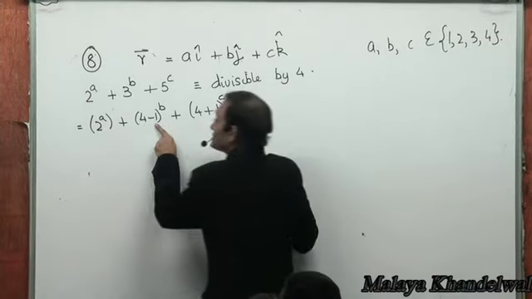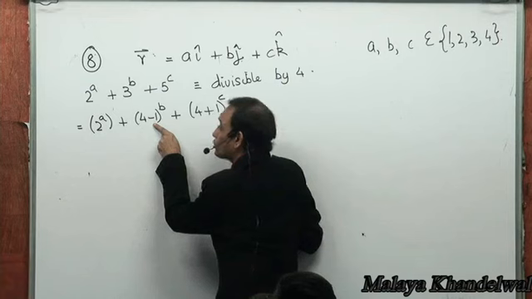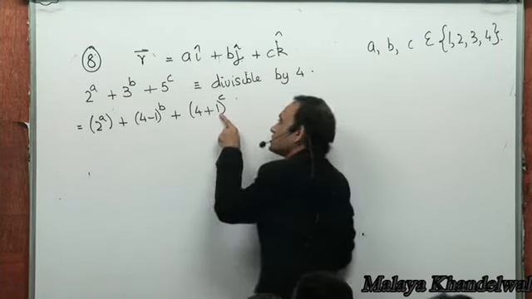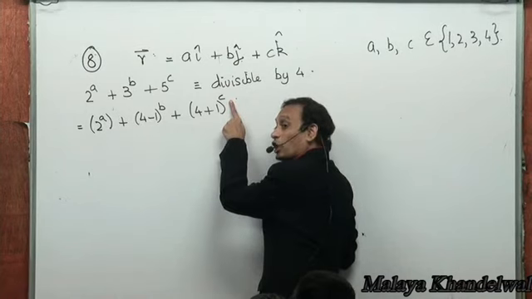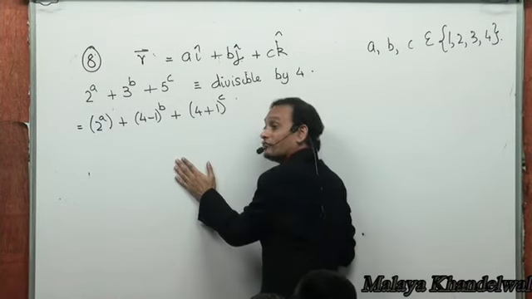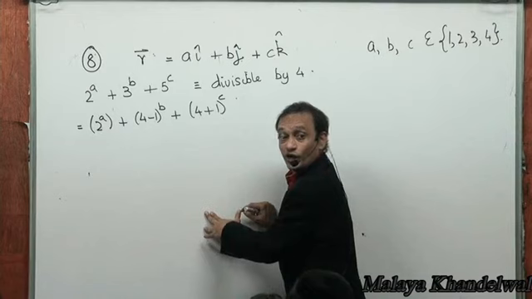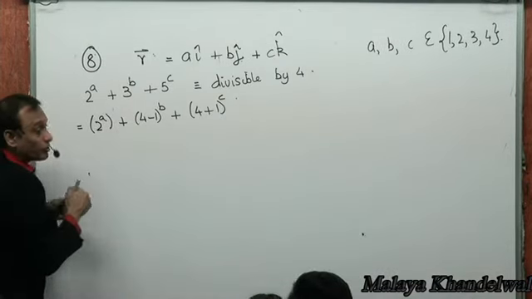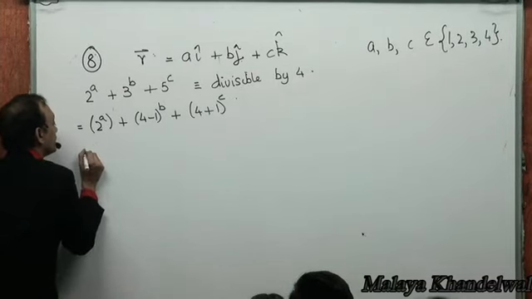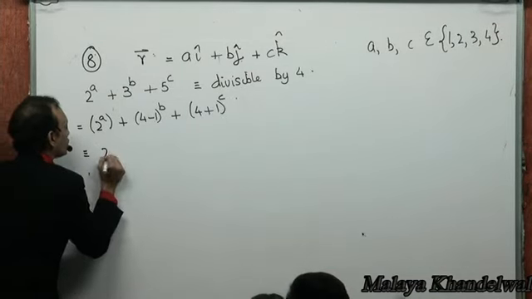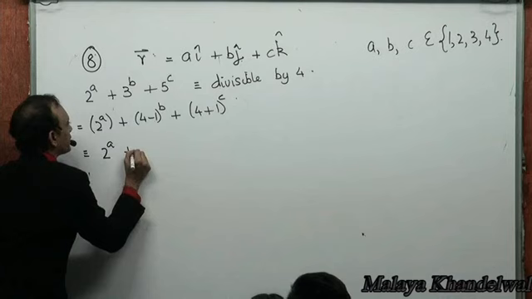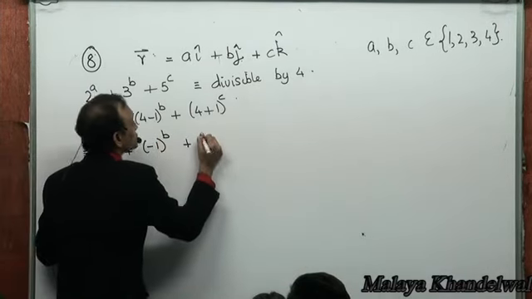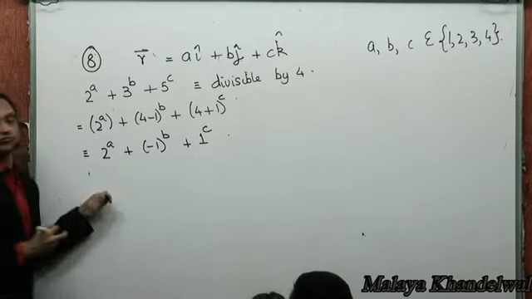If you expand this, all terms will contain 4 except the last term, which is (minus 1) to power B. The last term of this expansion is 1 to power C. That will not contain 4. Everything else will contain 4. Right? Yes or no? So divisibility of this by 4 is equivalent to talking of divisibility of 2 to power A plus (minus 1) to power B plus 1 to power C by 4.